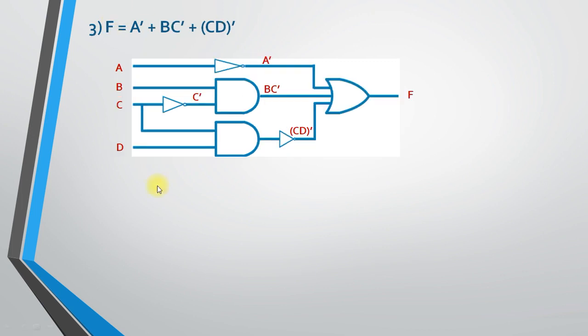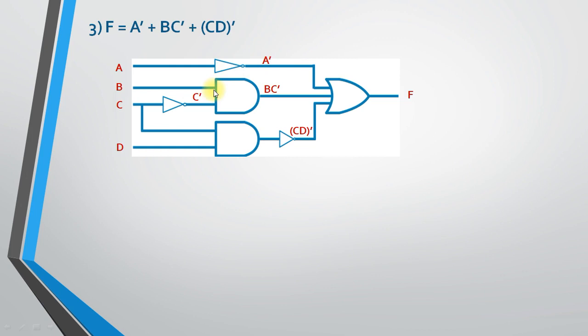Next is called Boolean function. A, B, C and D. These four are the input variables and F is represented as an output variable. Now over here there is one NOT gate, so that can be represented by A dash.